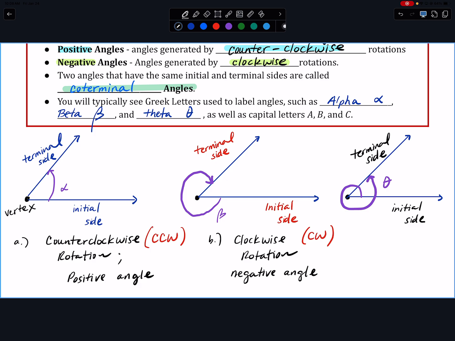All right, so this right here, is this positive or negative? It's positive, so this is counterclockwise. So this is a positive angle.